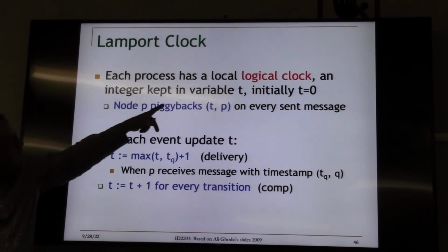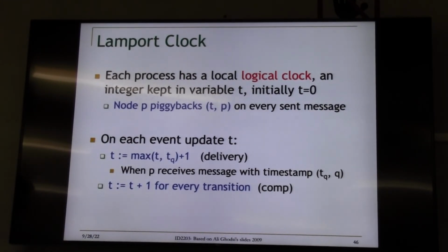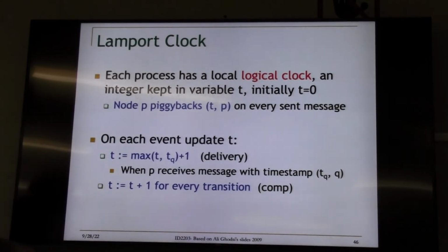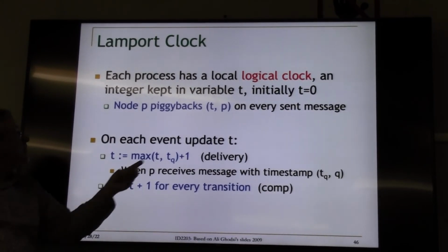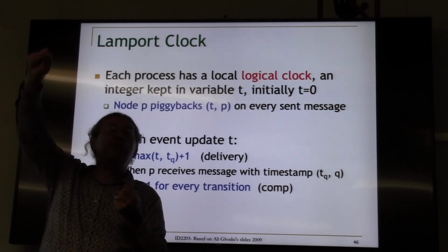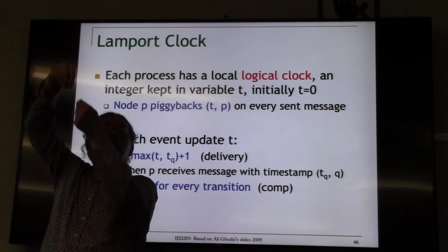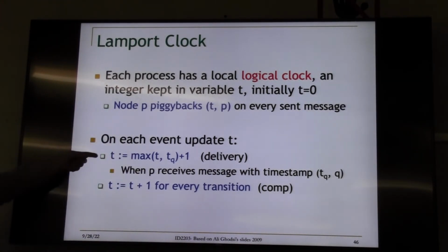Each process keeps a special variable, t, for time, which starts out being 0. Each time you send a message, you piggyback, you add t to the message. So when I send a message from one process to another, the other one will find out the t value. So there's some connection between them. When I have an event, I have to update t.